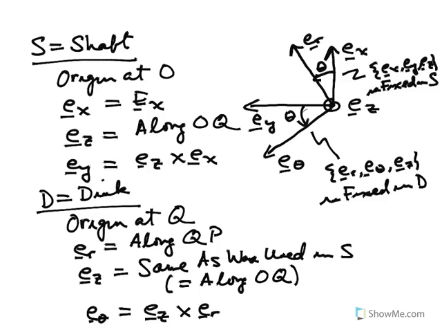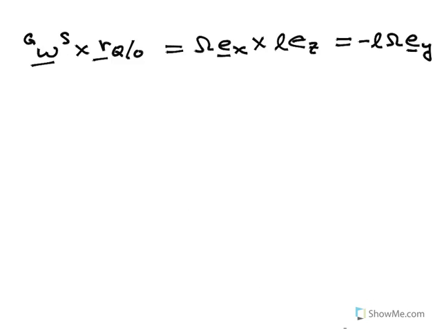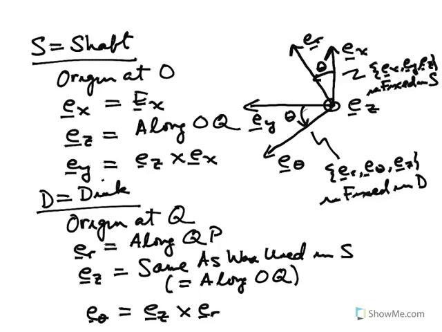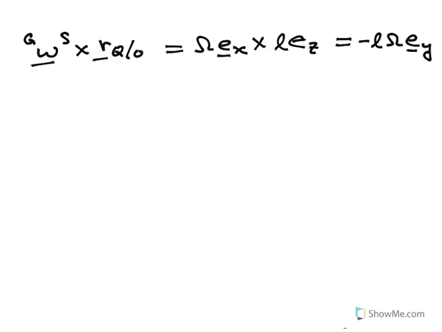So EY actually points backward in the way I have this defined. You can see from the diagram that EY is pointed to the left, not to the right. So the velocity of point Q in G is equal to negative L omega EY.